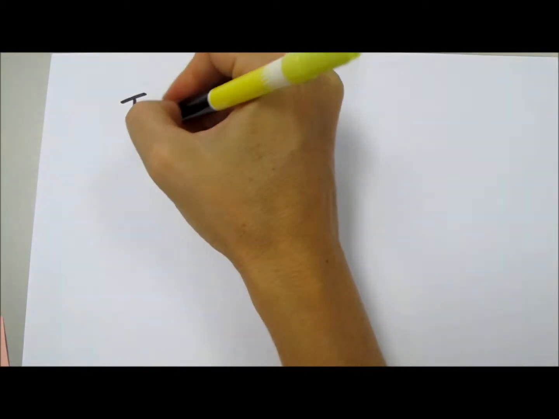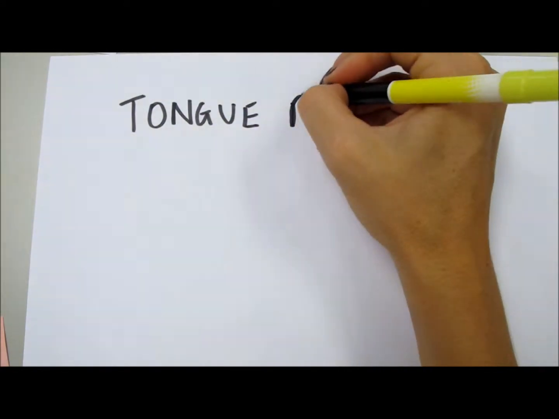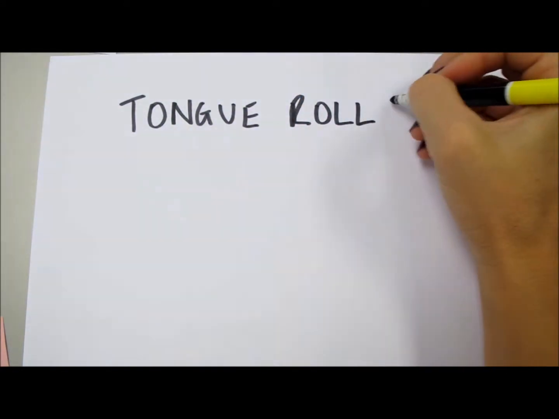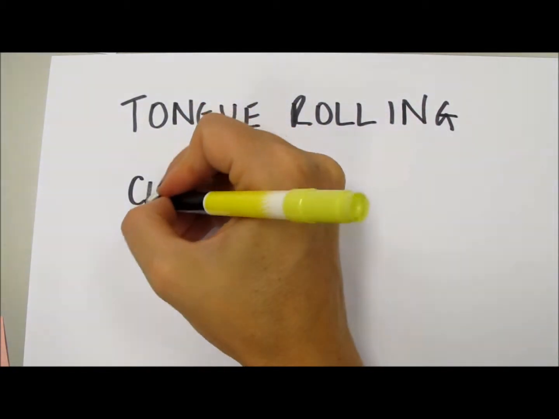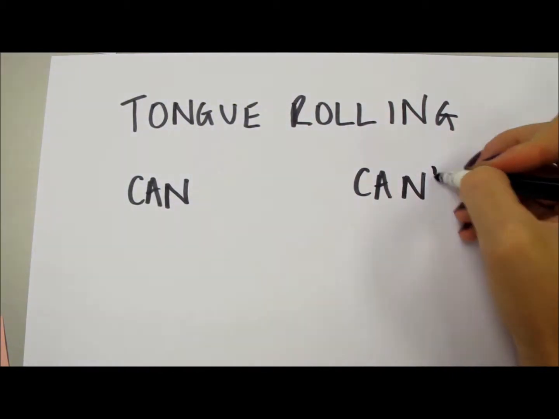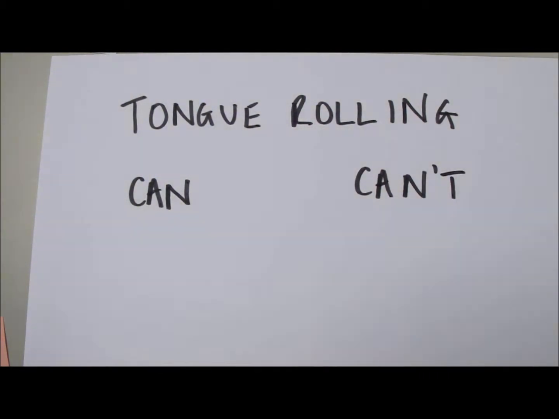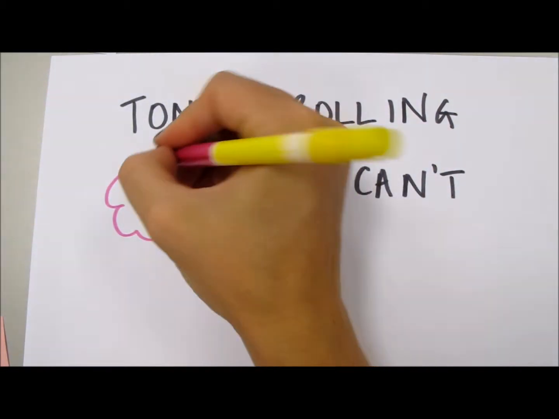To look at this example, we're going to use the example of tongue rolling. Tongue rolling is a genetic trait, and you either can or can't roll your tongue. So our two alleles are can or can't. Now, in this situation, the can allele is what we call dominant.